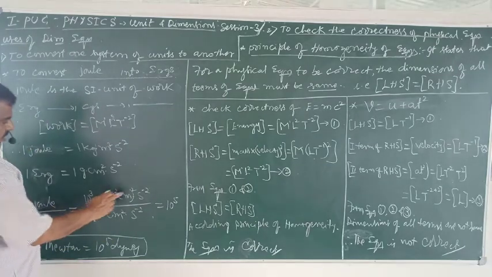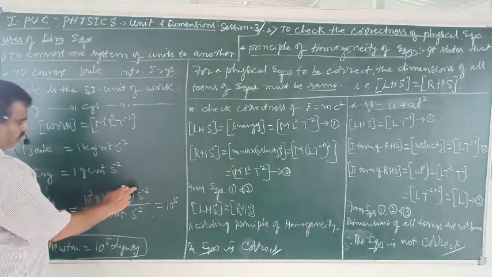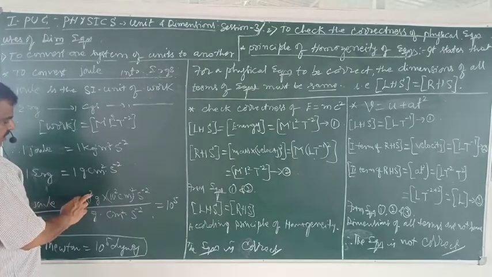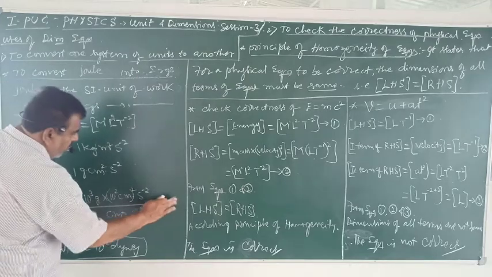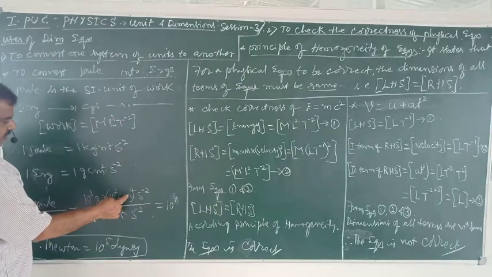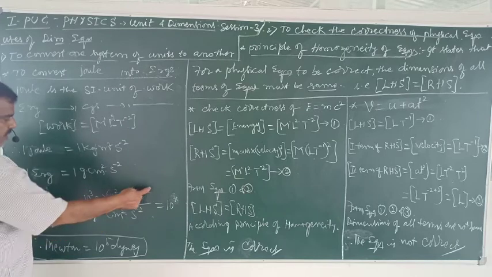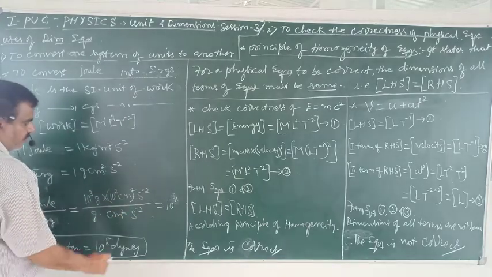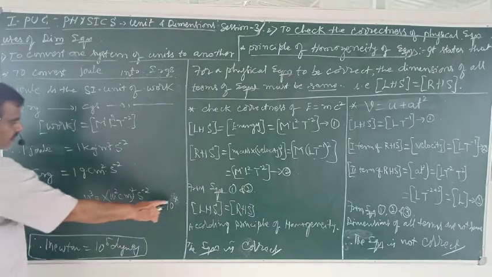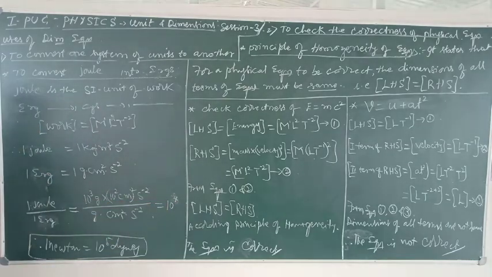Therefore, 10 to the power of 2 whole square becomes 10 to the power of 4, and this is 10 to the power of 3. It becomes 10 to the power of 7. Gram goes, centimeter square goes, second minus 2 goes. We are left with 10 to the power of 7.